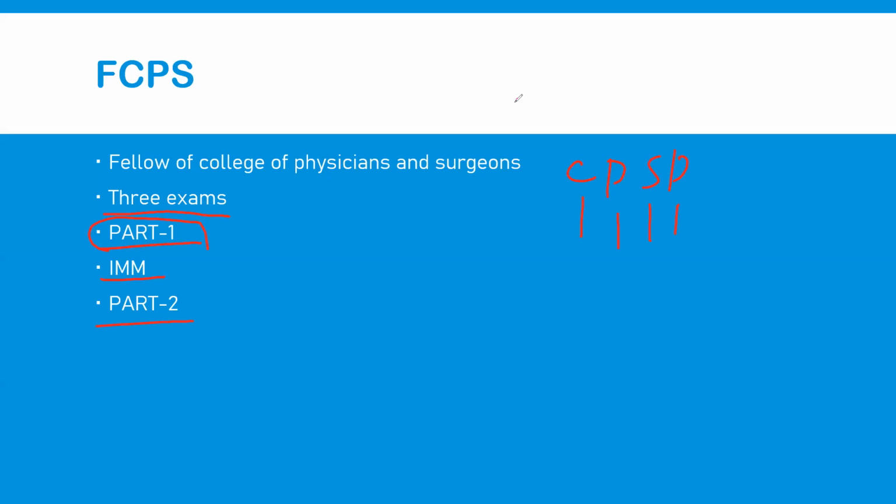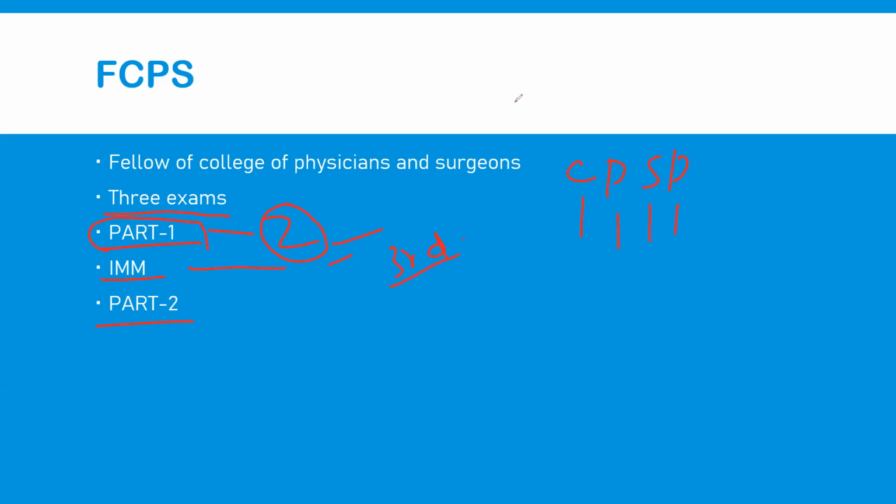And then once you complete your two initial years of training, you'll have to take your IMM, which is the intermediate module. It is not necessary to take it immediately after completion of your 2 years of training. You can take it later on, but meanwhile you can continue your training as a 3rd year resident.